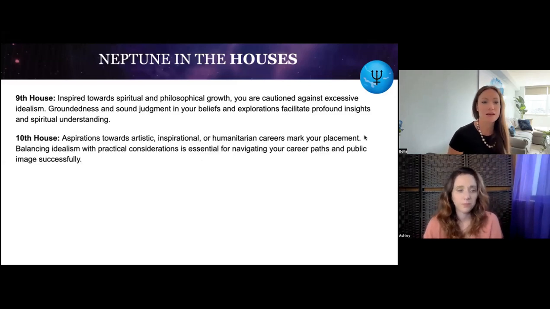If you have Neptune in the 10th house, there is aspiration towards artistic, inspirational, or humanitarian careers, and a balancing of idealism with practical consideration for navigating your career path and public image successfully. Interesting how it's bringing in the humanitarian. Yeah, because Neptune cares about that.